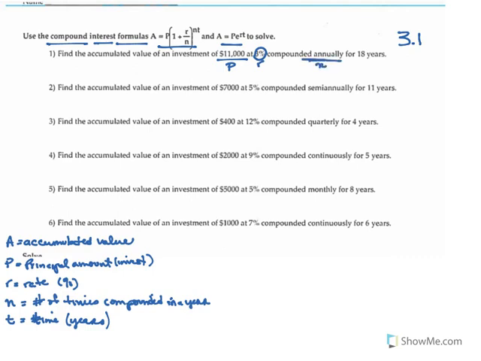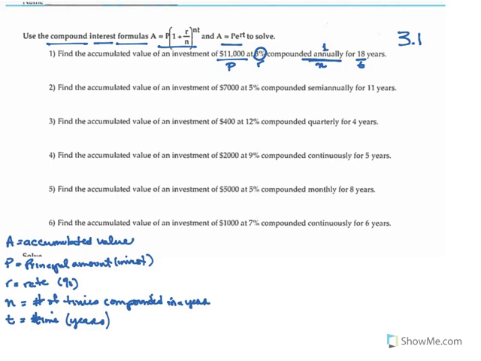Once it tells you the number of times it's compounded, that's your N. And for 18 years would represent my T. So identify what your variables are from the given values in the problem. Compounded annually would represent one time a year.